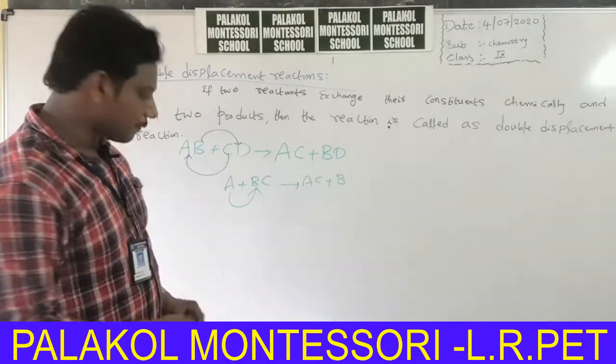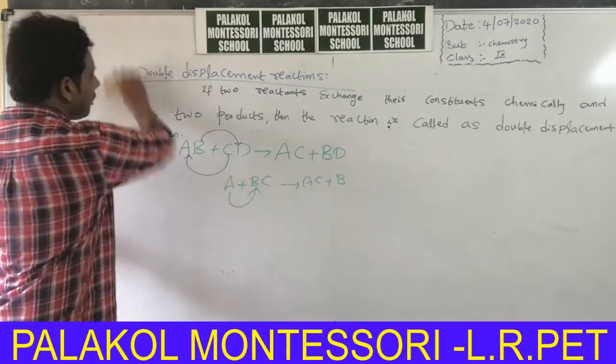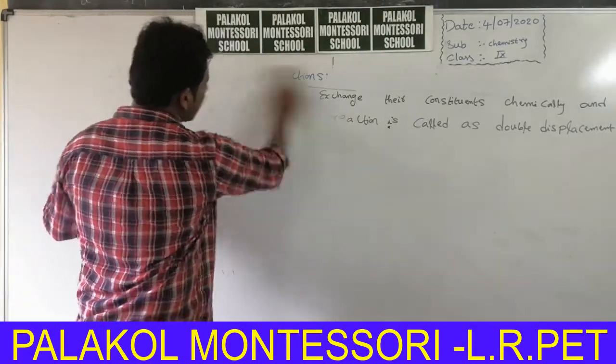What are the examples for double displacement reactions?